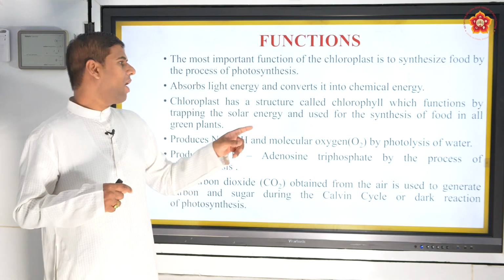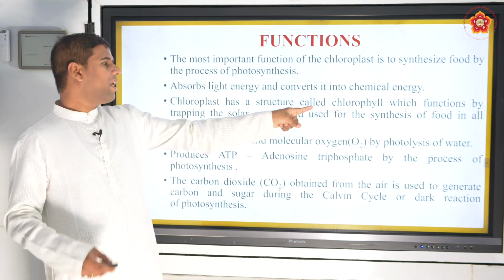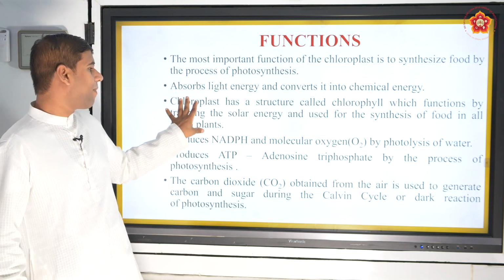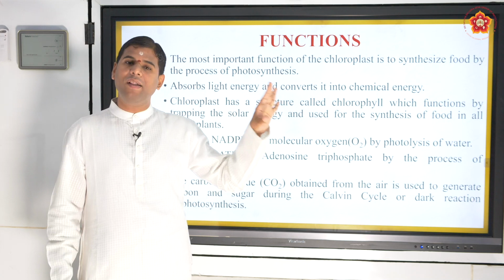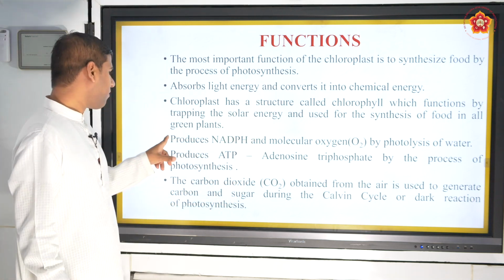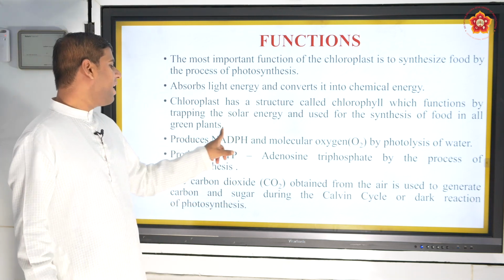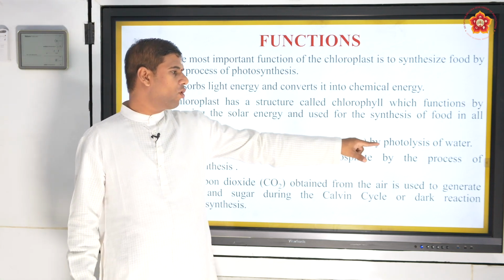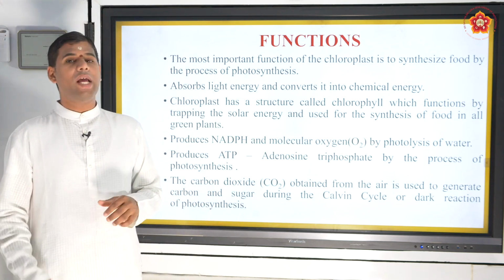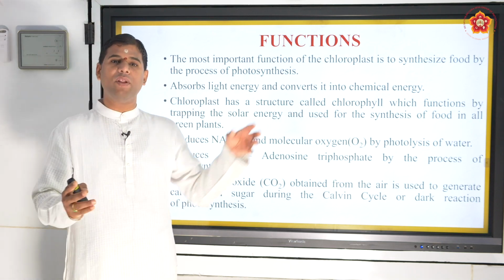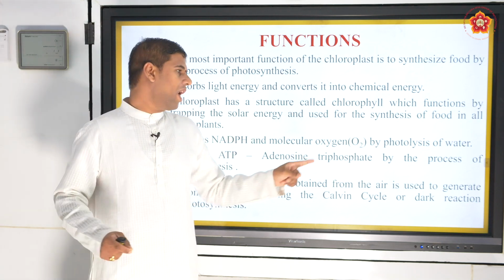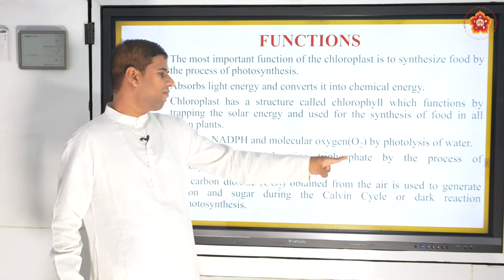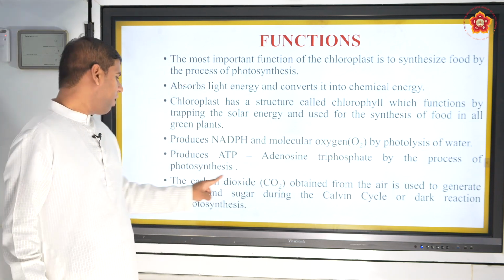Chlorophyll is present in all green plants, and they also produce NADPH and molecular oxygen by photolysis of water. Photolysis, lysis means breaking down, so when water comes in, it breaks down. Then it produces ATP, adenosine triphosphate. So that's the process of photosynthesis.